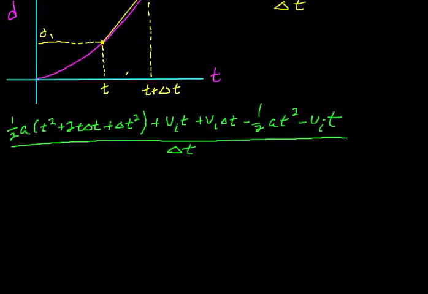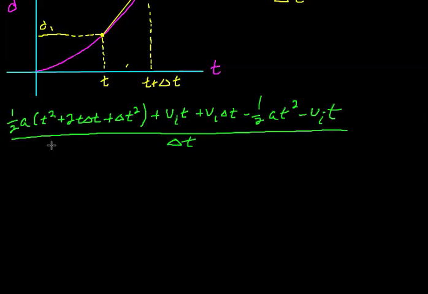Okay, so let's distribute the 1/2 a through here, shall we? So we have 1/2 a t squared plus, okay, 1/2 times 2 is just 1, so I'm going to have a t and t.